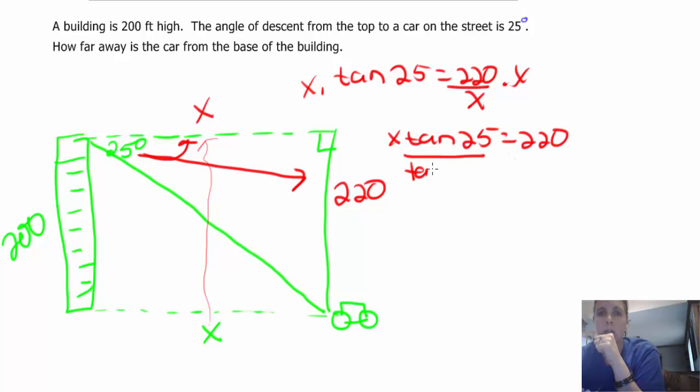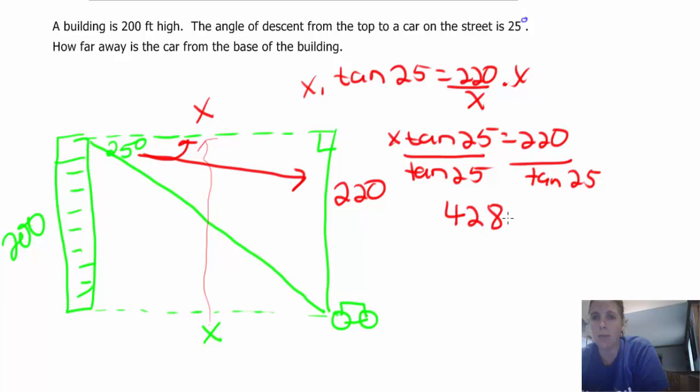Divide by tangent of 25 because we want x by itself. Okay, so 200 divided by tangent of 25 equals 428.9 feet. Well, I'm assuming, are we doing feet or miles? Feet. Okay.